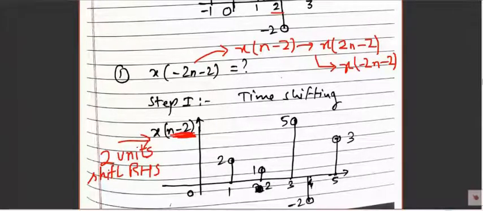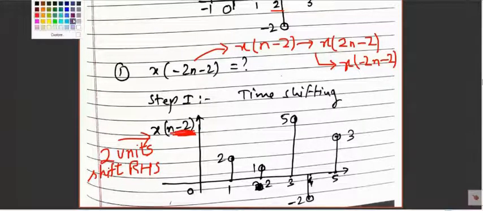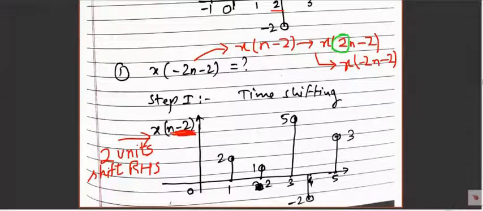Okay. Then next, scaling. Scaling will be interesting. The factor here is 2, so we have to do the division. 1 divided by 2, 2 divided by 2, 3 divided by 2, 4 divided by 2, 5 divided by 2.